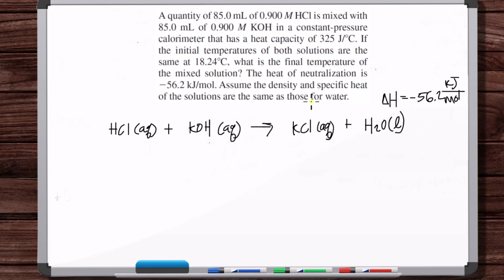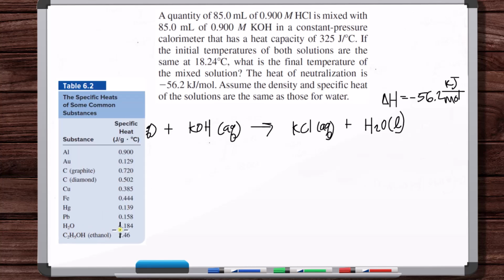Okay, now what they're saying here is that the density and specific heat of the solutions are the same as those for water. So the density and specific heat at this stage, right when you add these two solutions before they start interacting, is going to be the same as this stage. We can assume it's whatever pure water is. Okay, so the specific heat of water is 4.184 joules per gram degrees Celsius.